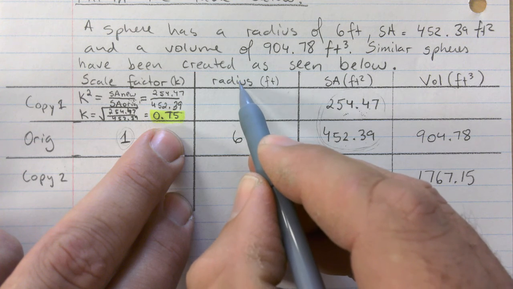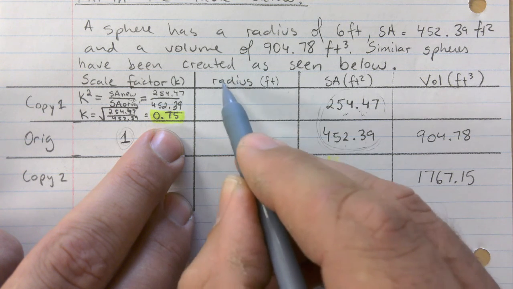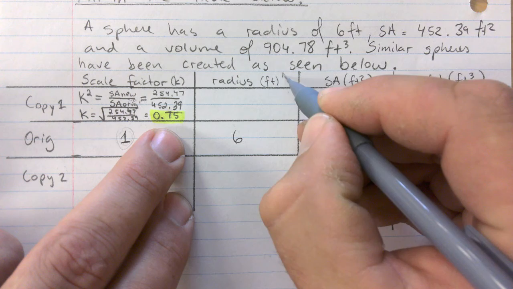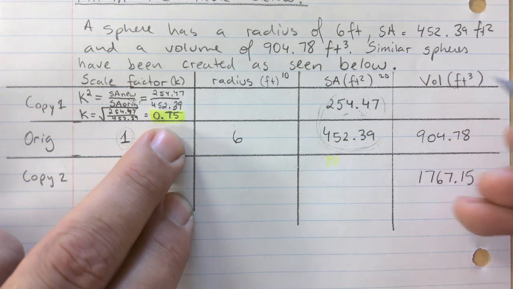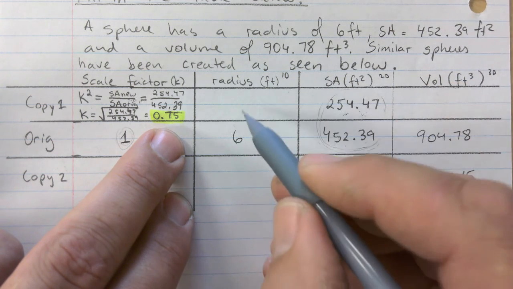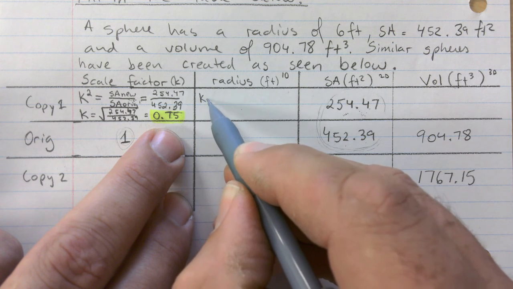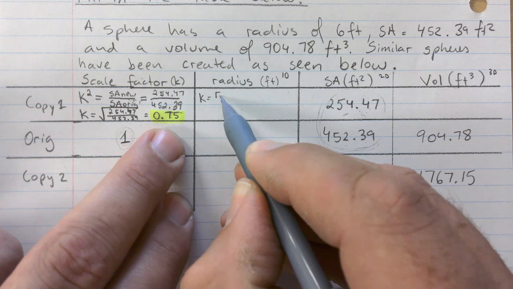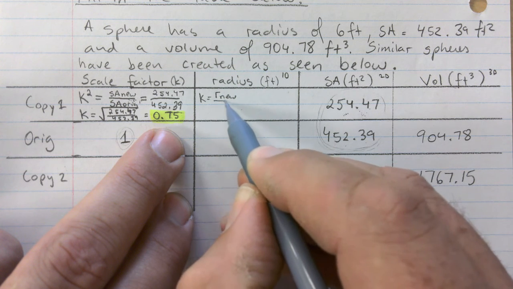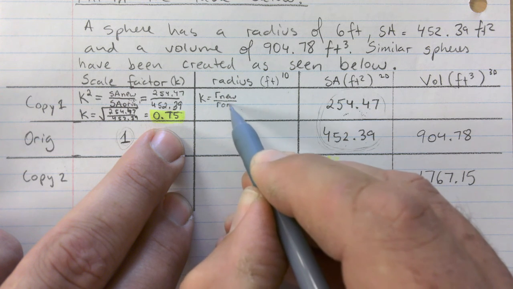So radius. Radius is just one-dimensional, right? This is 1D, this is 2D, this is 3D. So the radius, you can just go like this. K is radius of the new divided by radius of the original.